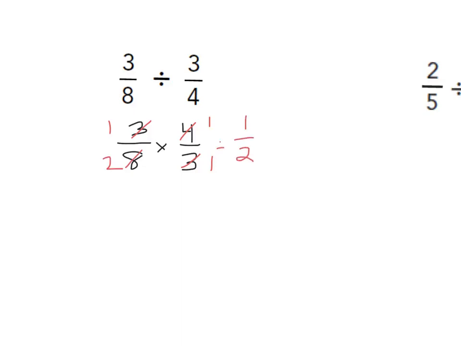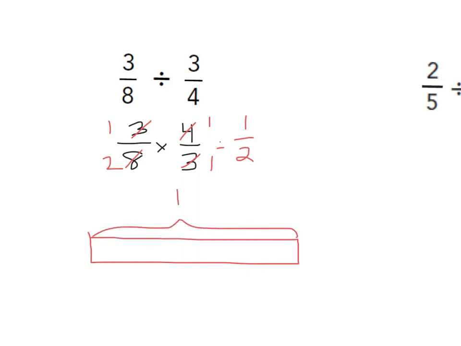Now, if I were to show somebody what this looks like, what I'm basically doing is I'm trying to take 3/8 of a thing. So here's an entire whole. That's one thing. If I were to create eighths, what I'm starting out with is 3/8. I'm starting with this section.